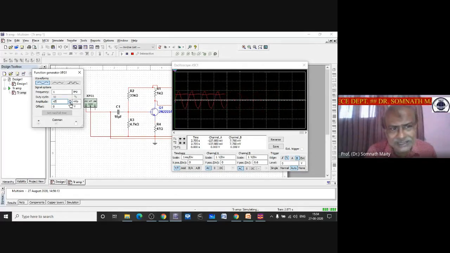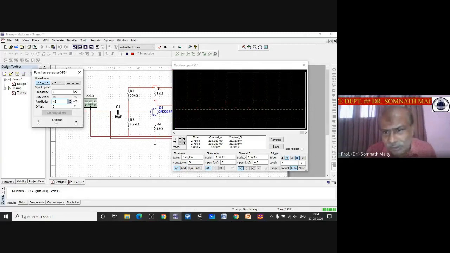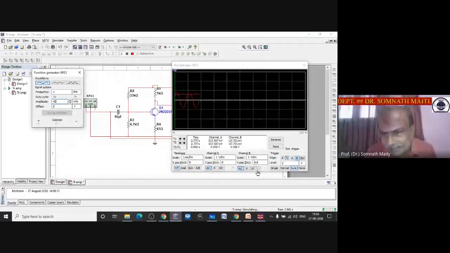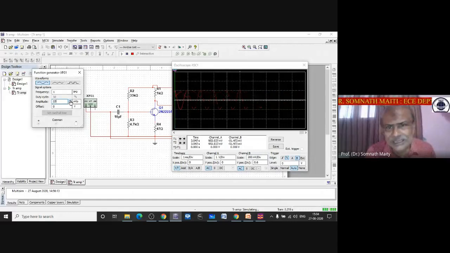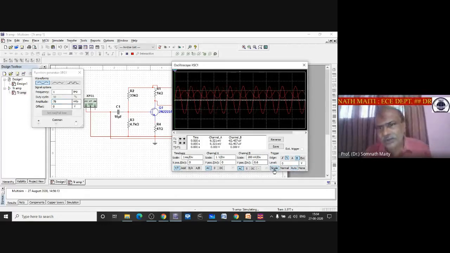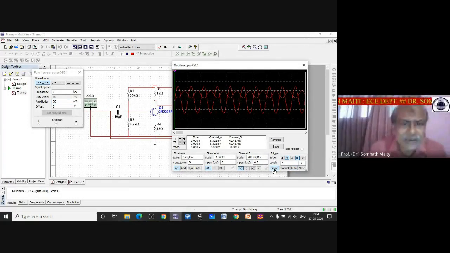I am decreasing the input voltage, the output voltage is decreasing. If you increase the input voltage, then the output voltage will increase. This is the function of an amplifier. Have you understood?